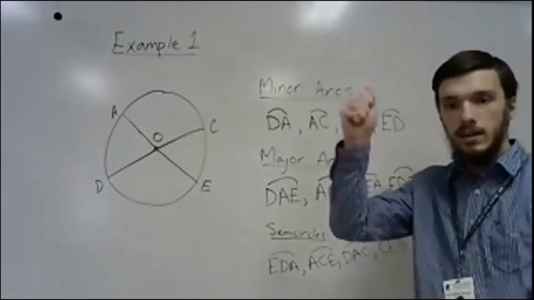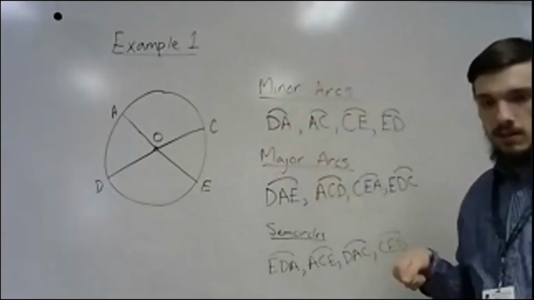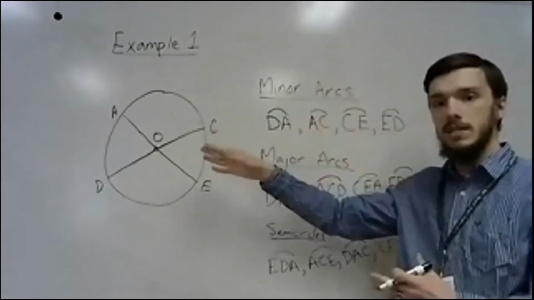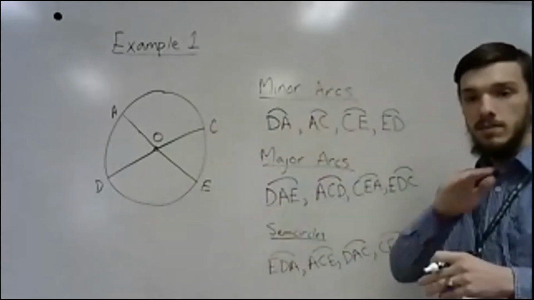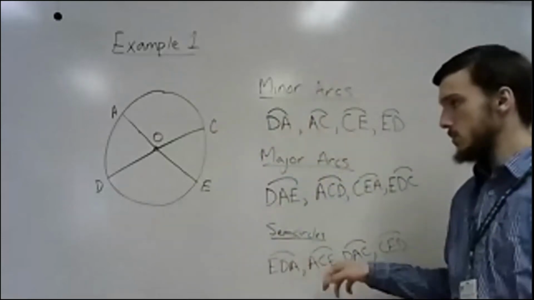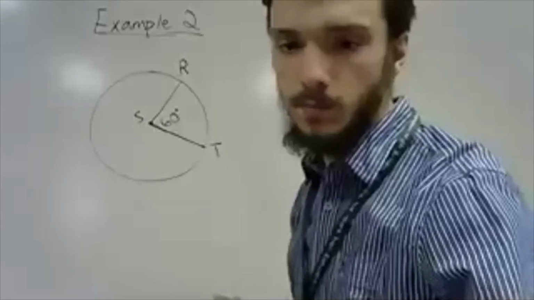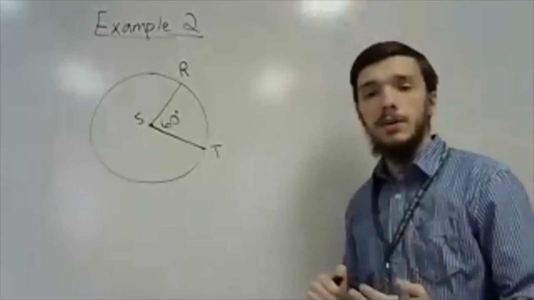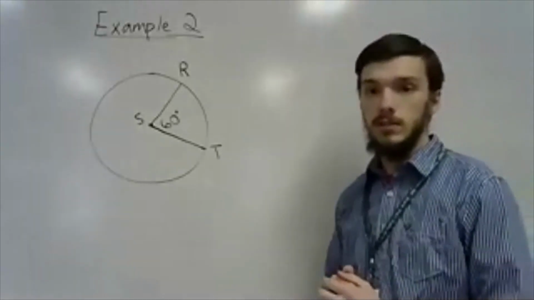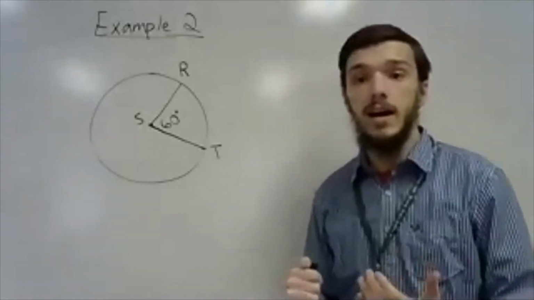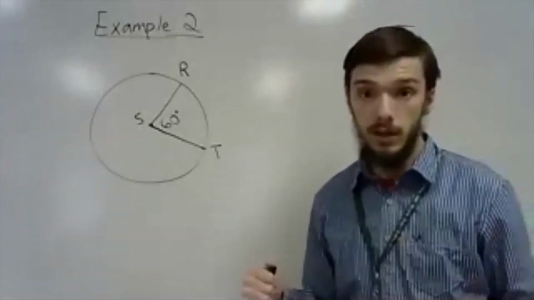Think of it like you're cutting a pizza and you make one cut through the center, it makes 2 halves. That's kind of what a diameter does. So for every diameter you should have 2 semicircles.